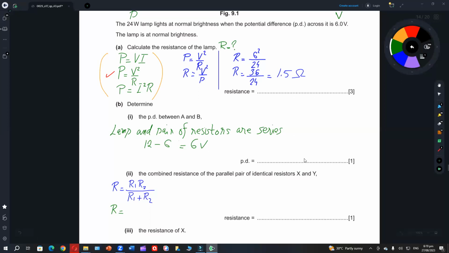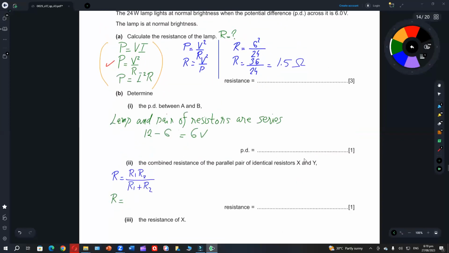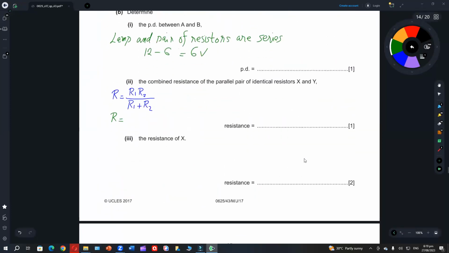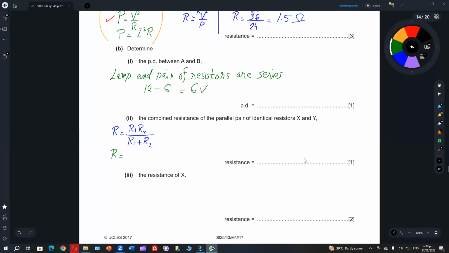1.5 is not the voltage, it is the resistance. Now the lamp is taking 6 volt. So the remaining AB connecting circuit is also taking 6 volt. He's asking the combined resistance of the parallel pair of identical resistors R. So now think of this topic.